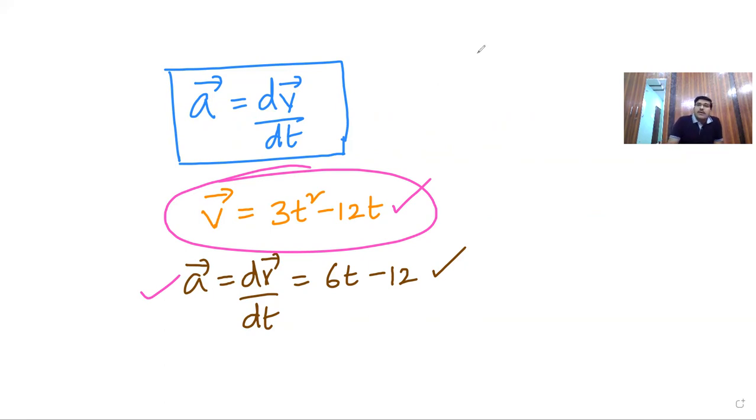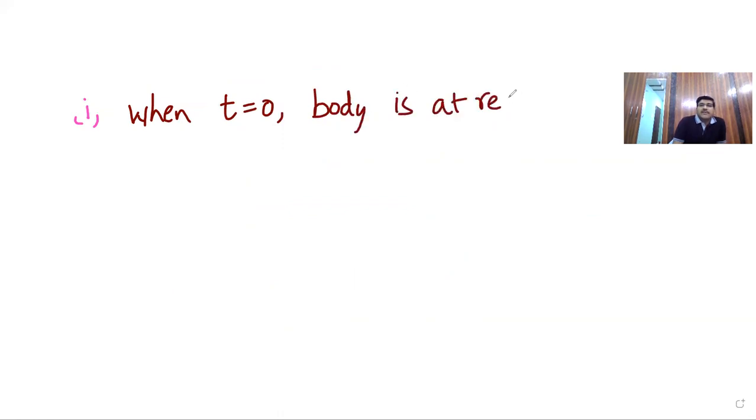Now, what he says: he requires acceleration when the body is at rest. That means here there are two cases. Number one, observe. When t is equal to 0, body is at rest.